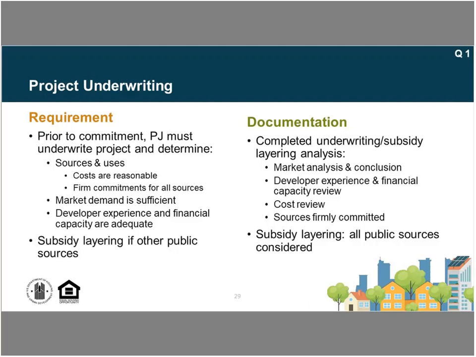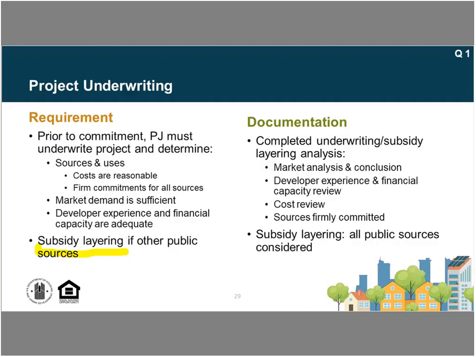If you have more than HOME funds going into the project, if there's another public source of money going into the project, that triggers the statutory requirement for subsidy layering, which is another way of saying looking at the total amount of public subsidy that's being delivered to a project and determining that that amount is necessary.